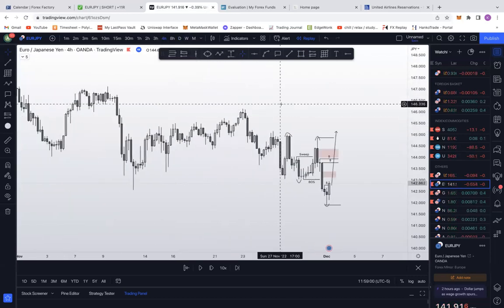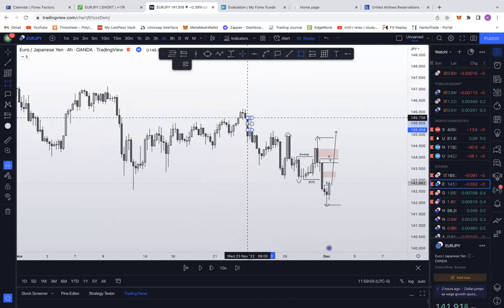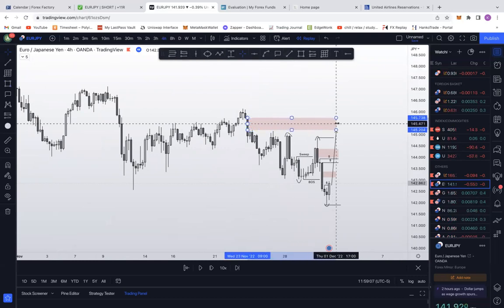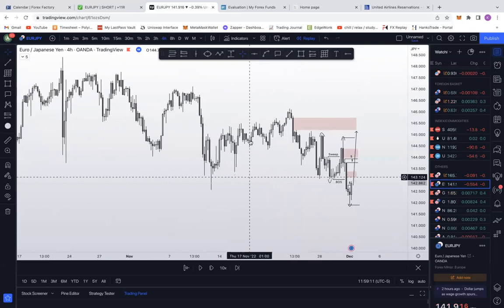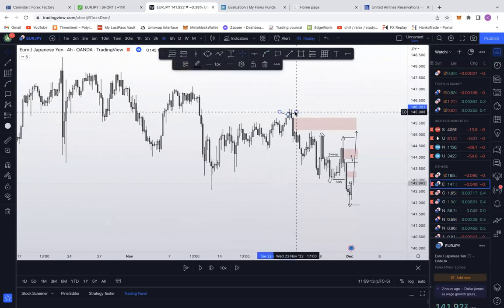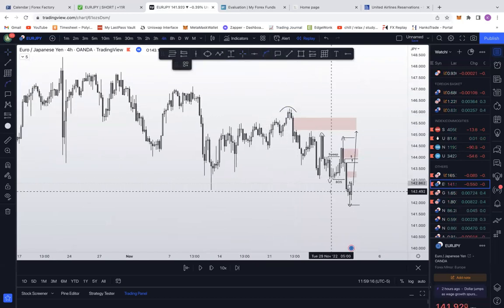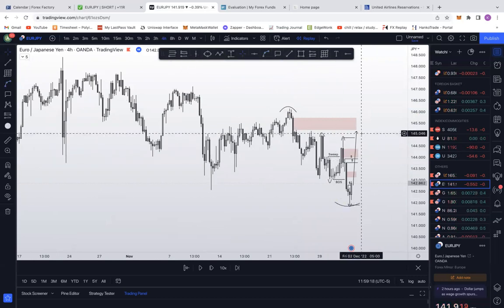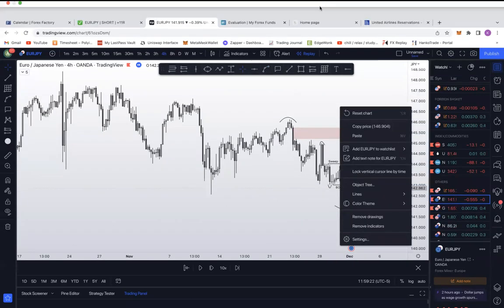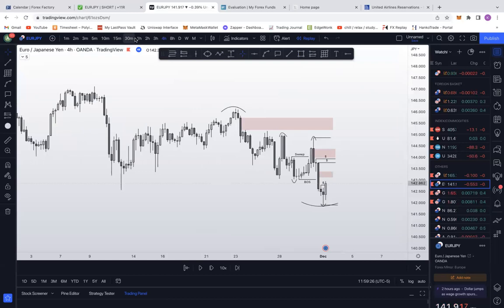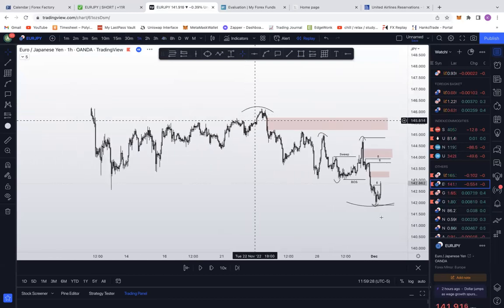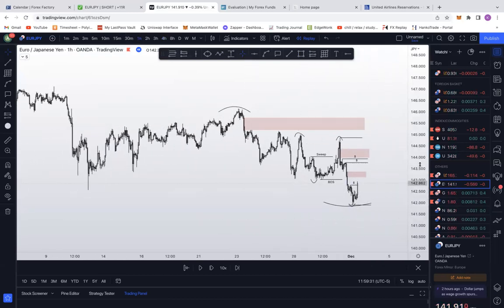I would think that maybe potentially we could look at this point of interest right here that's sponsored by all this internal liquidity of this range. Or potentially sweep out all these highs and then maybe just continue up from here. Really all I'm looking for is lower time frame internal liquidity of the larger ranges.